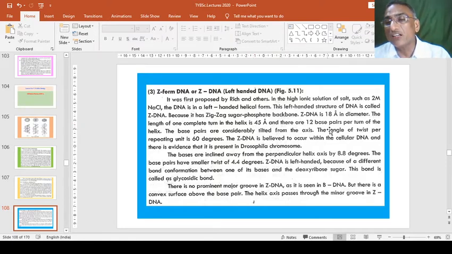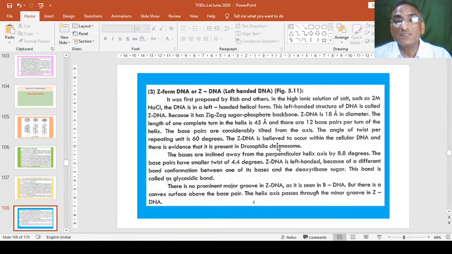And there are 12 base pairs, as we have seen 10 in the beta form, standard form, per turn of the helix. The base pairs are considerably tilted from the axis, and the angle of twist for a repeating unit is 60 degrees.